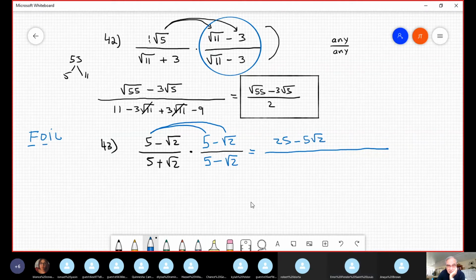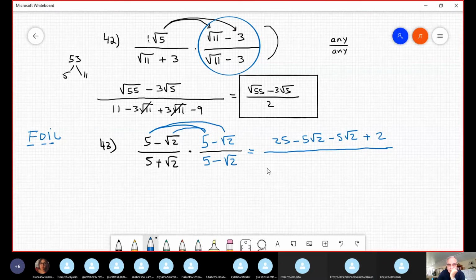Now inner is negative radical 2 times 5, again negative 5 radical 2. Super. And last, minus radical 2 times minus radical 2, it's obvious que positive, right? Radical 2 times radical 2 is 2. So bueno.